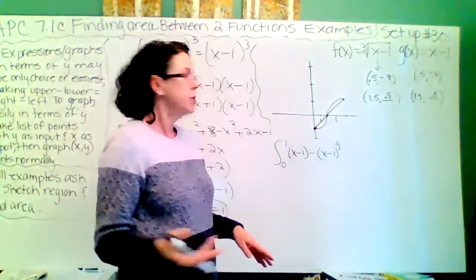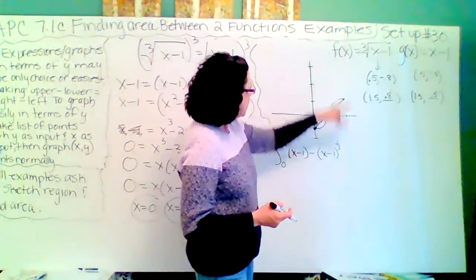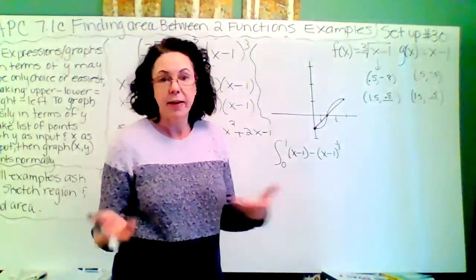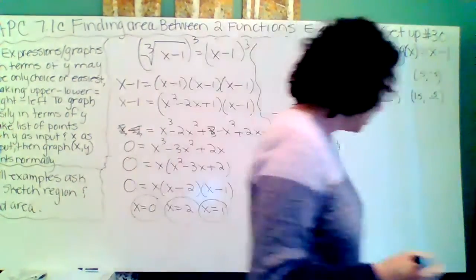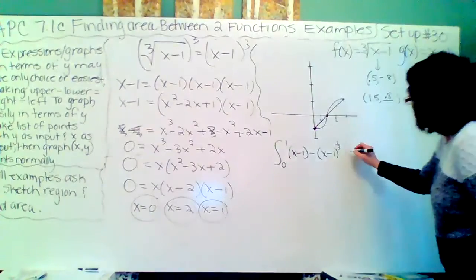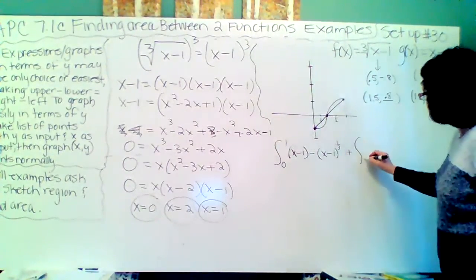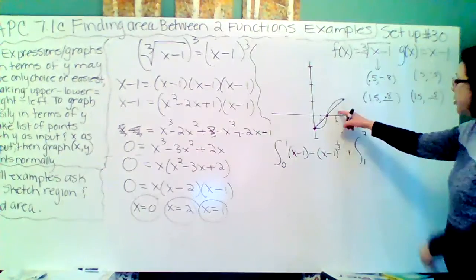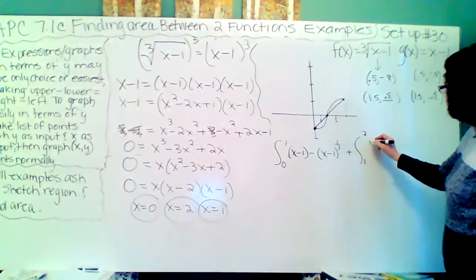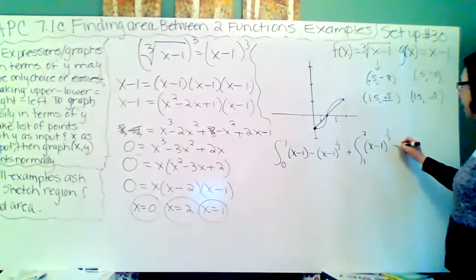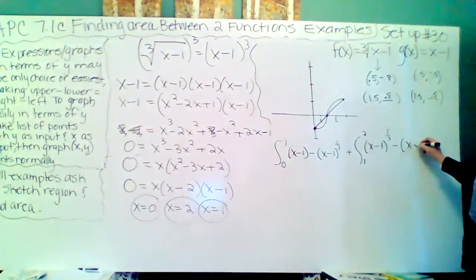If you don't mind, I just wrote the cube root as to the 1/3, because if you're going to integrate it, you're going to have to add 1 to the exponent and divide by the new exponent. Then from 1 to 2, the cube root is the upper function and the line is the lower function.